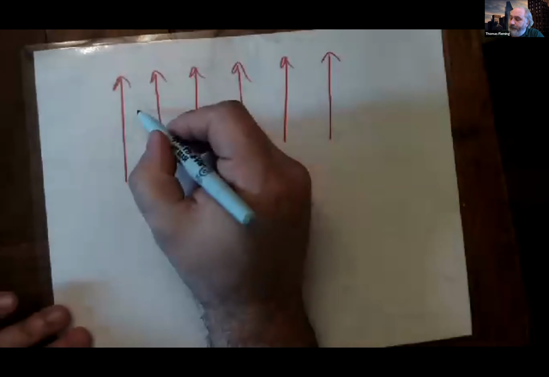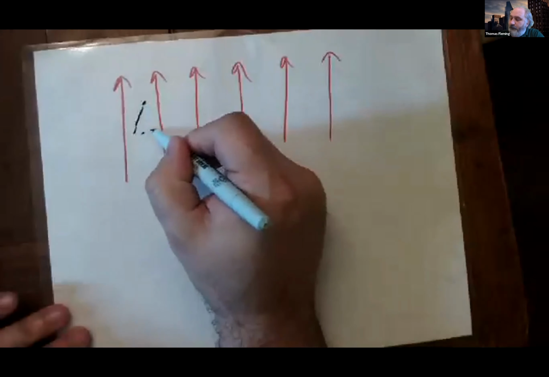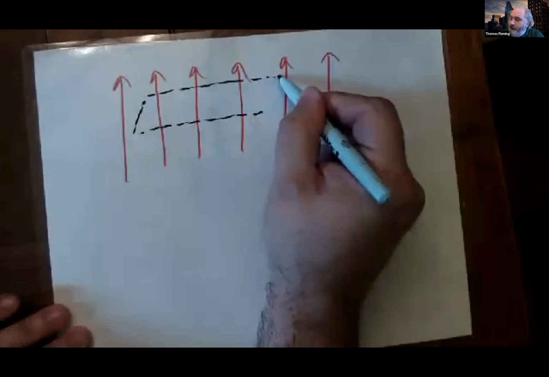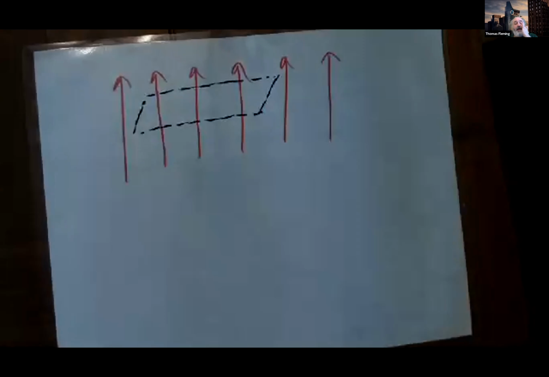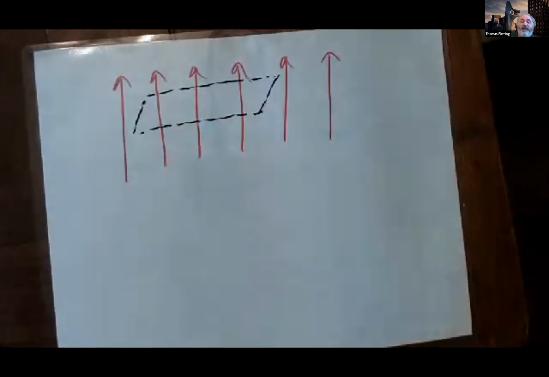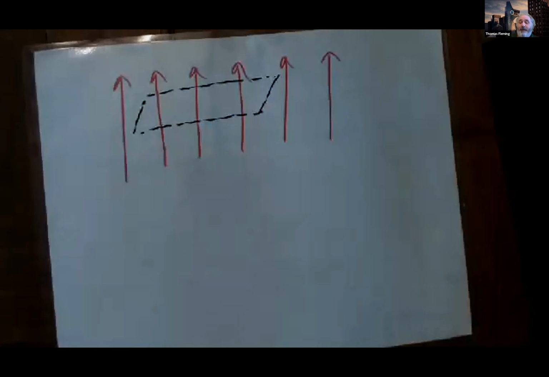Now, if I have some, let's say, rectangular surface, and I lay it out like so, I'm going to have several lines penetrate that surface. They'll come in the bottom, come out the top.